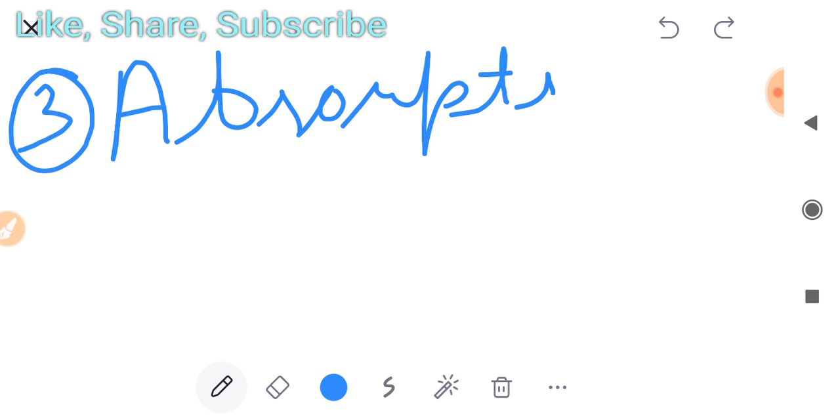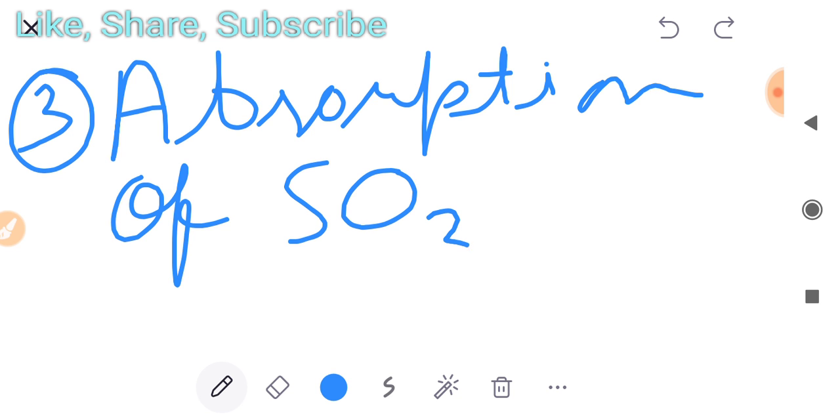And in the last step, because we have to make H2SO4, remember, the last step is the absorption of SO3, which was made in the second step. Now we have to absorb it.